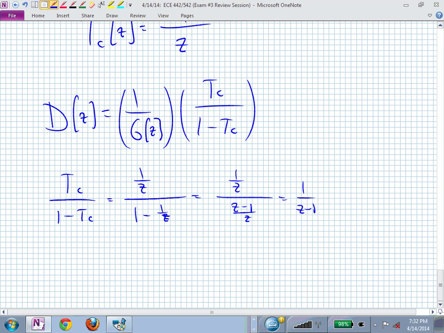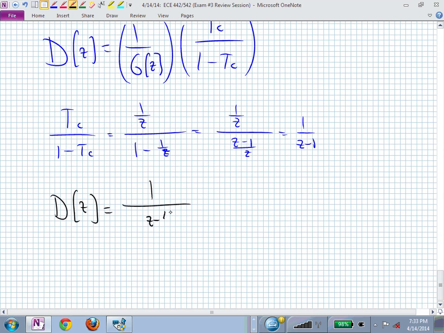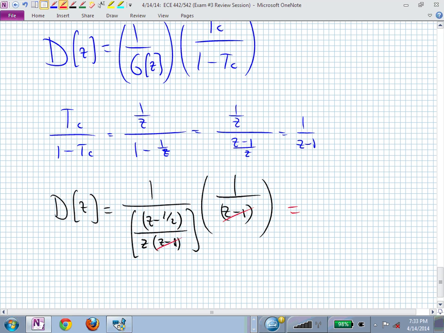And when I need that up here, I can say my D of Z, my controller, to realize a deadbeat response in the closed loop system is going to be 1 over whatever my G of Z was, times T sub C over 1 minus T sub C. That cancels, and I'm left with my controller being that.